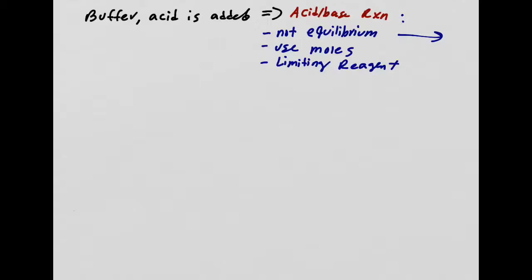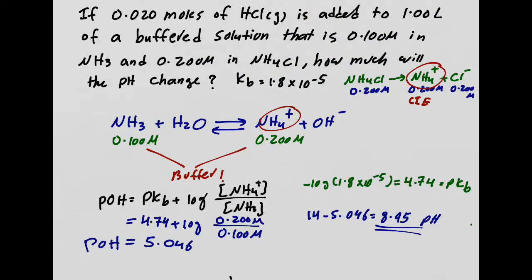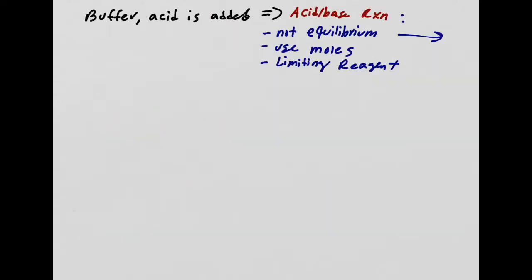Okay, so this was our original buffer solution. We figured out the pH of this. I added acid to it. Acid is not attracted to the conjugate acid. Acid is going to be attracted to the base, an acid-base reaction. So let's write down this acid-base reaction, which means HCl is going to be attracted to ammonia.